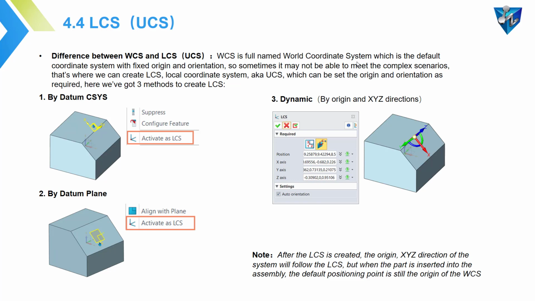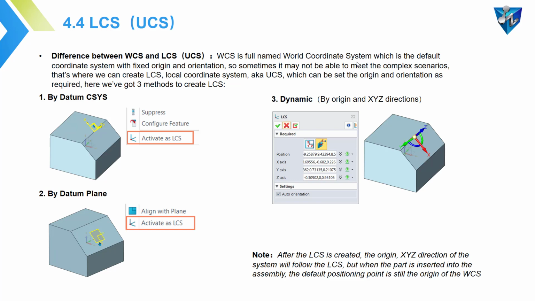So sometimes it may not be able to meet complex scenarios. So this is where we can create LCS, which is fully named Local Coordinate System. And in some other software, it may be called UCS or something like that. Okay, so in the LCS, we can set the origin and orientation as required.